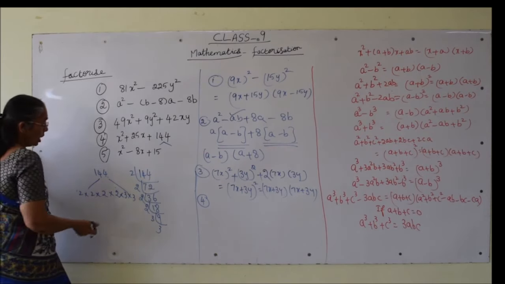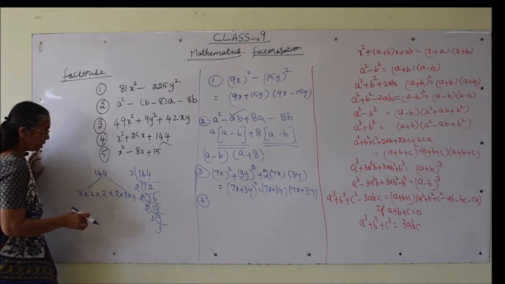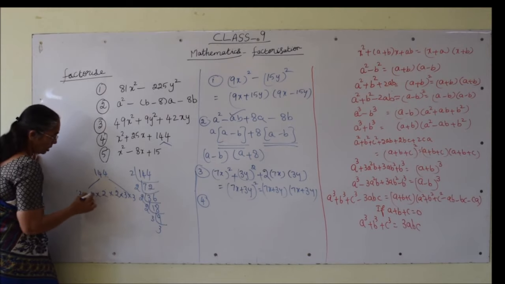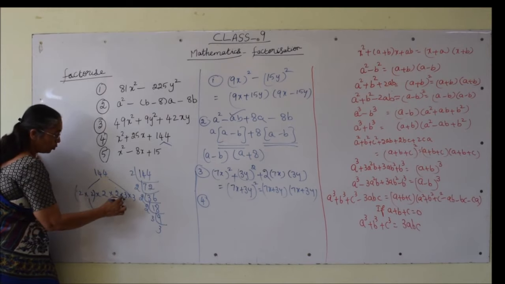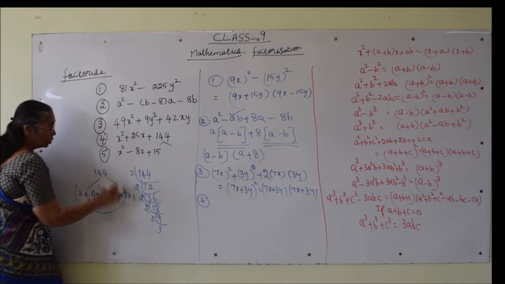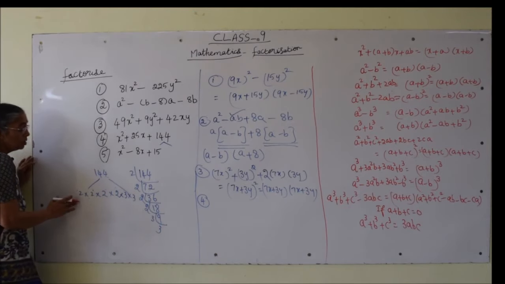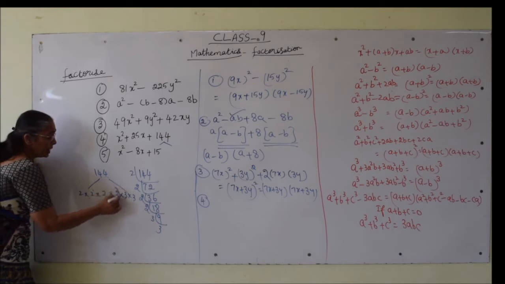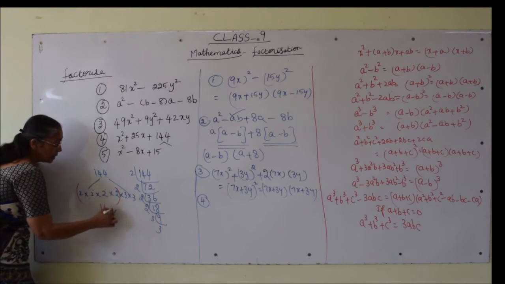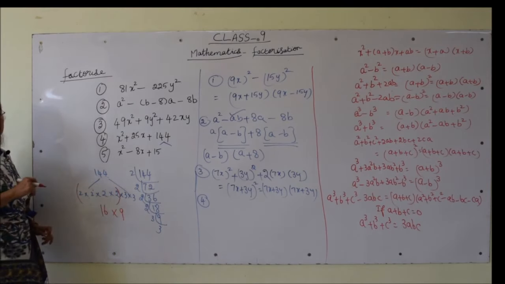Now, in another way, how can we group? Even you try, you can message if you are getting it. I will try 2 twos are 4, 4 threes are 12, 2 twos are 4 here. 12 twelves are, no, that also will not come. So now I can group like this: 2 twos are 4, 4 twos are 8, 8 twos are 16 as one term, and 3 threes are 9. 16 plus 9 is 25.